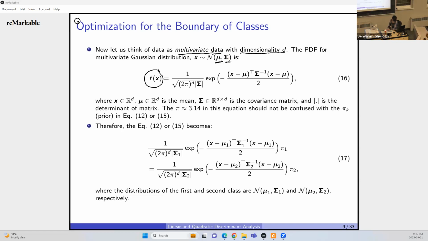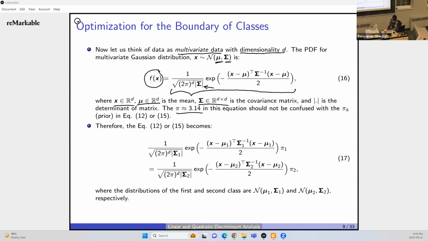So f of x, this is the PDF of the Gaussian distribution. In the formula, mu is d-dimensional, x is d-dimensional, and sigma is d by d. This is the determinant of the covariance matrix. And pi here, don't confuse it with pi 1 and pi 2. Here it is the number pi.